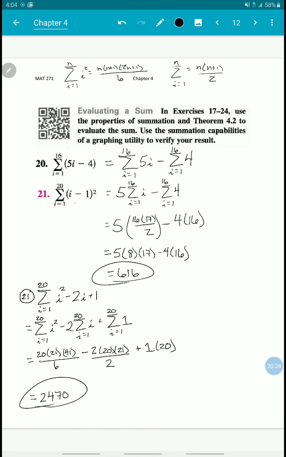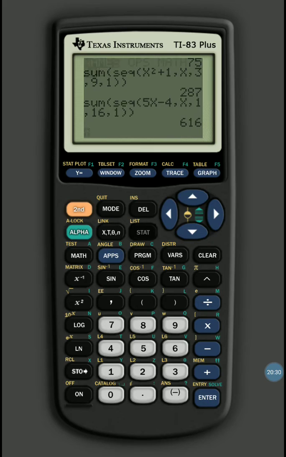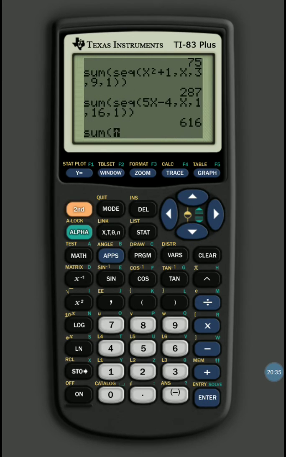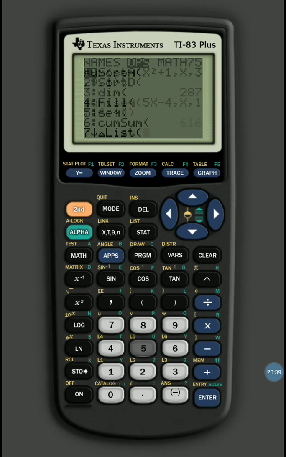We can always double check this using the calculator. So we're going to go second stat, math. We want the sum of the sequence. So second stat ops.